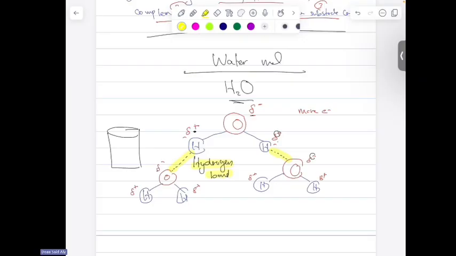Okay. This hydrogen bond, girls, it's a weak bond. It's not strong. So, because of this hydrogen bond, the water has unique properties. What are the water properties that are caused because of this hydrogen bond?